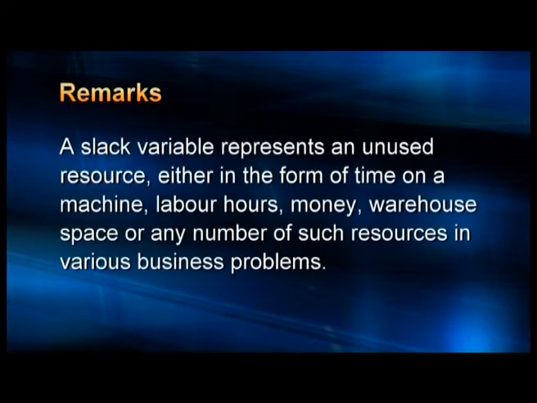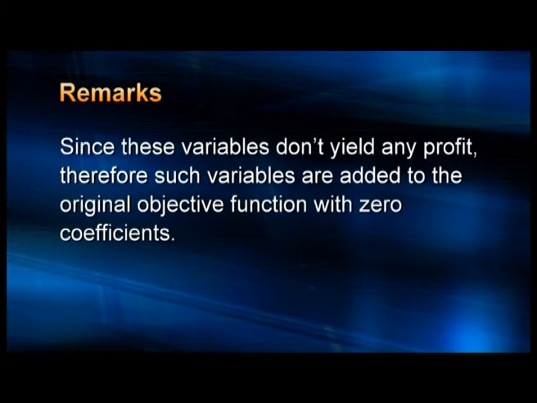Remarks. A slack variable represents an unused resource, either in the form of time on a machine, labor hours, money, warehouse space, or any number of such resources in various business problems. Since these variables don't yield any profit, they are added to the original objective function with zero coefficients.